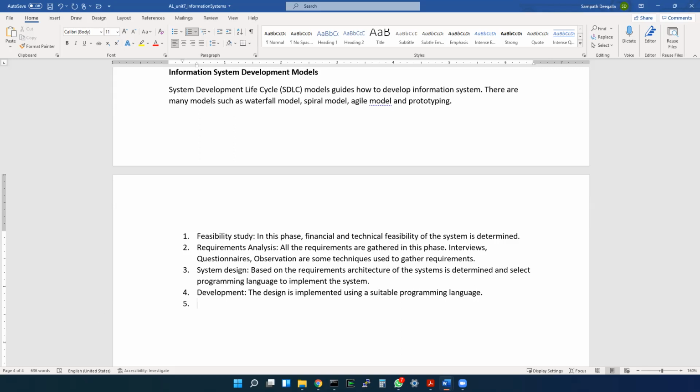Then we have testing. The developed code is tested at different levels: unit, integration, system and acceptance.